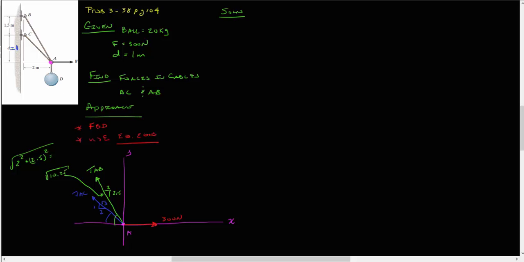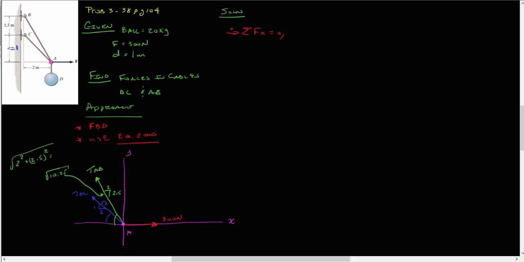So the first thing I'm going to do then is sum my forces in the x direction. So summing all my forces in the x, I have a force here, I have force AC, and I have force AB. And if you notice, tension AB and tension AC are both going to the left, so they're both going to be negative.